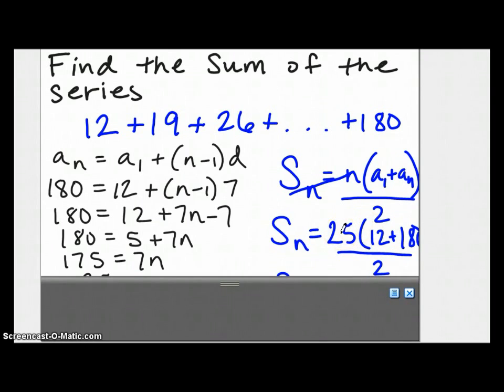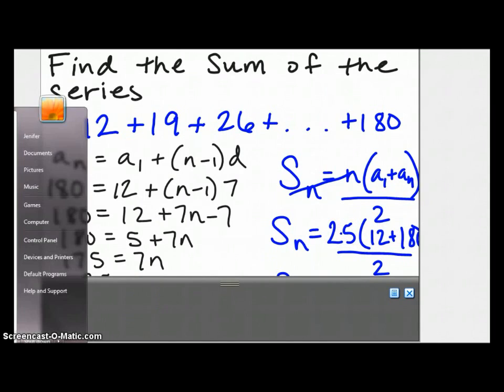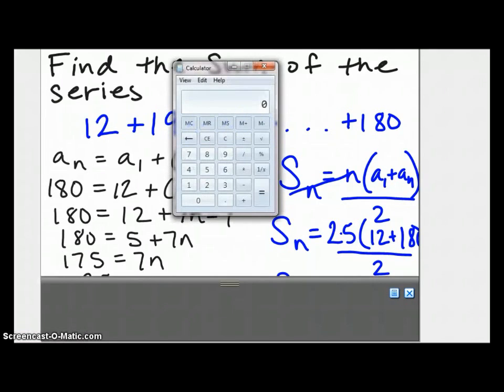I can multiply that by 25, and I can divide by 2. So 25 divided by 2 gives me 12.5. So 12 plus 180 times 12.5 gives me 2,400.